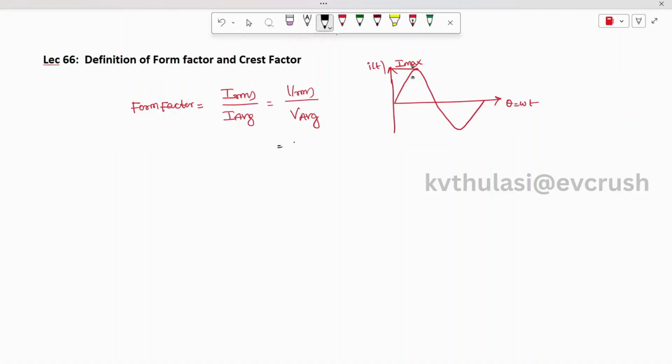I RMS is nothing but Im by root 2, which I can write as 0.707 Im.